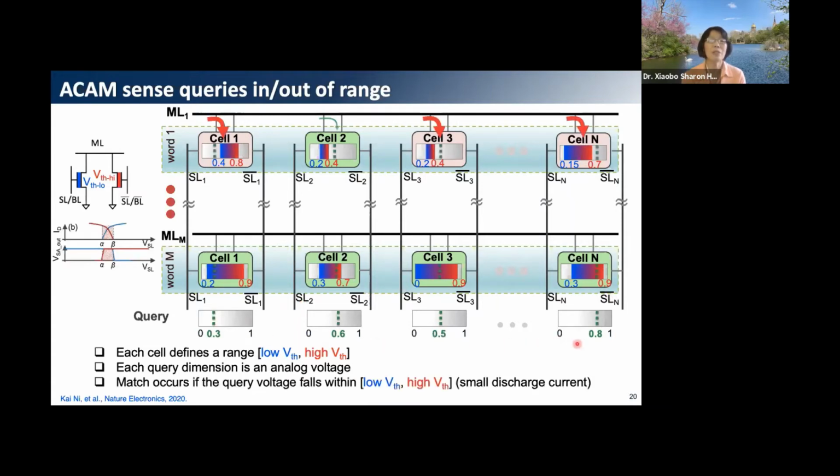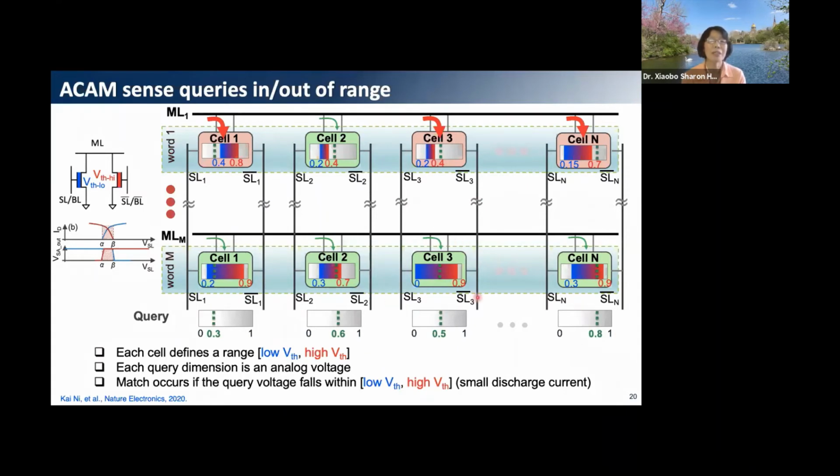Okay, so when it's coming in, depending on whether it's in the range or out of the range, the discharge current will be different. If you are outside the range, you have large discharge current, as I showed here. If you're inside the range, the discharge current is quite small.